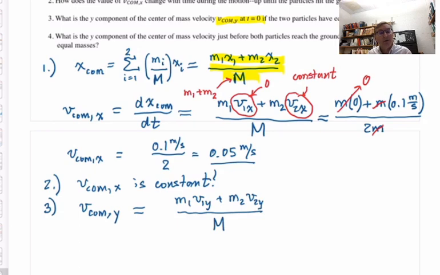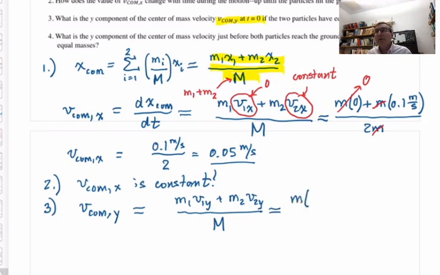It's all y components for the velocities now. And then I plug in the values for v1y and v2y at time 0. So here we go. Remember, I'm also going to change m1 and m2 just to m. And big M will be 2m.